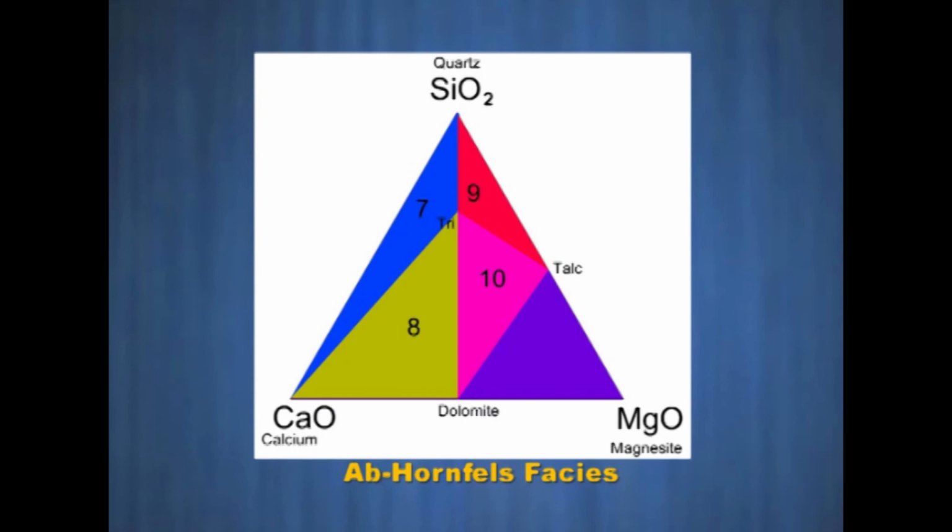So, these are the important calcareous assemblages, mainly observed in Albite Epidote Hornfels facies.